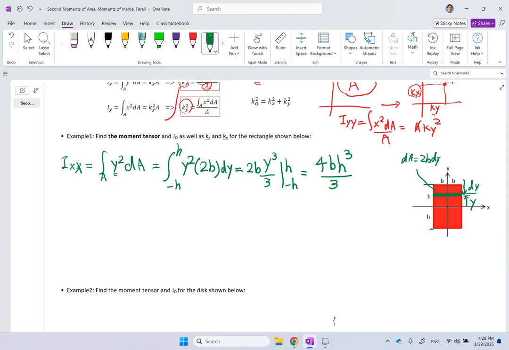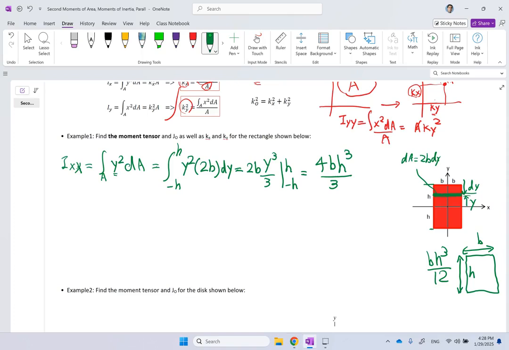That's all it is. Now, in some books, you might see a formula like basically bh cubed over 12. And you might say, are these the same? Yes, they are. In those books, b is the entire width and h is the entire height, not half of it and half of it.